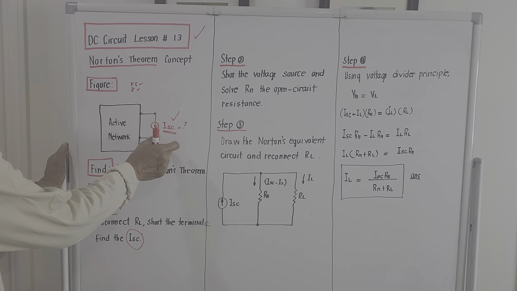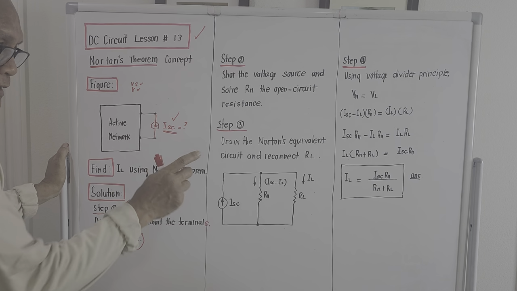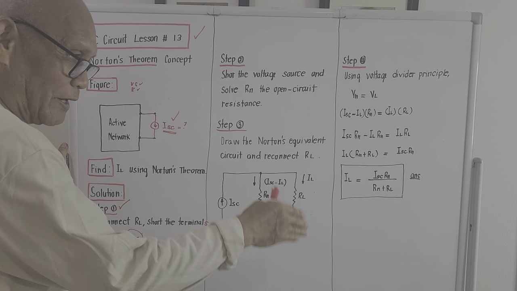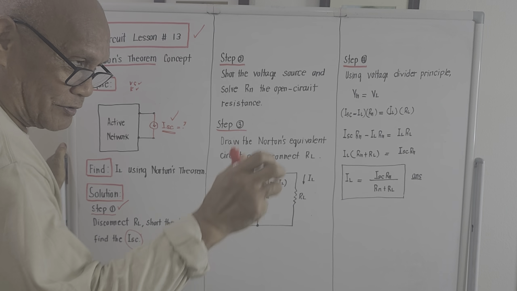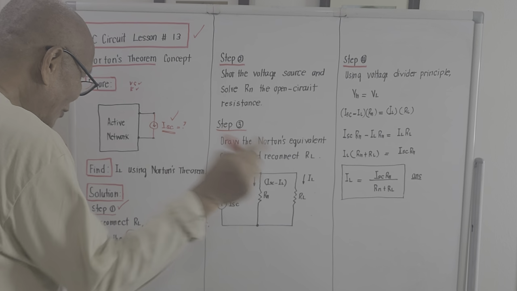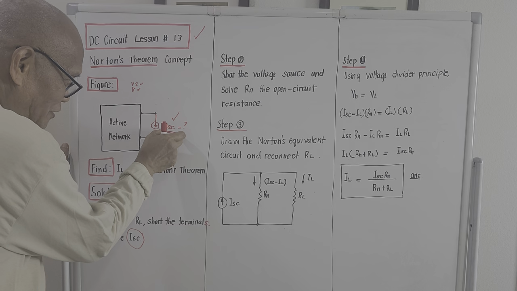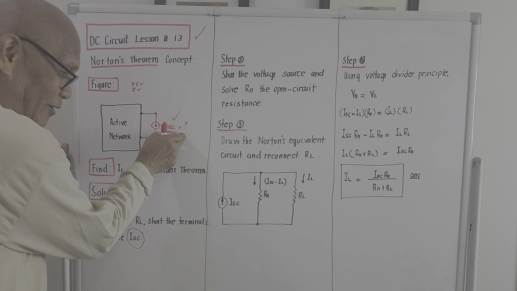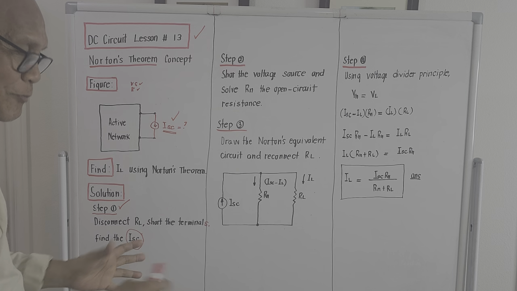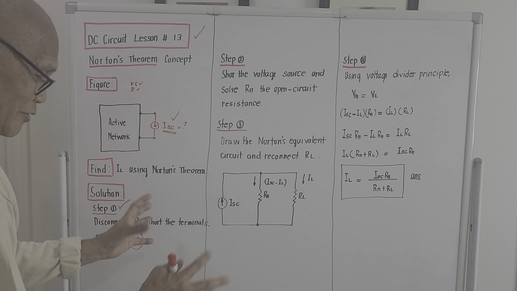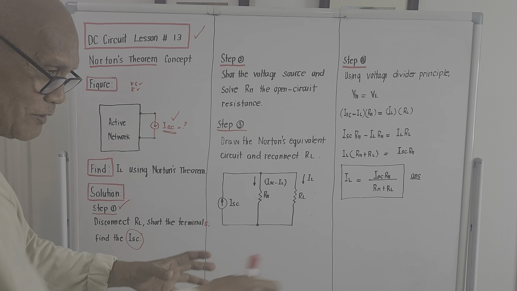In the computation of this ISC here, we will be recalling our knowledge of the series-parallel concepts, and we will apply it on the computation of ISC. So for step number 1, we could do that. For the meantime, I could not show you the steps because we haven't got any problem yet.